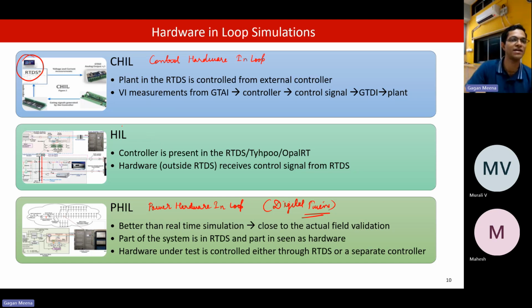Now this is power hardware in loop. Here we are integrating the actual hardware. So this is the actual DC microgrid here. You have battery, supercapacitor, or a PV emulator. So these are real hardware devices.